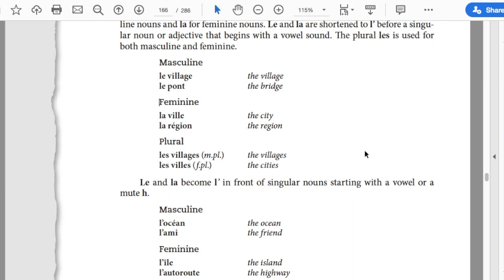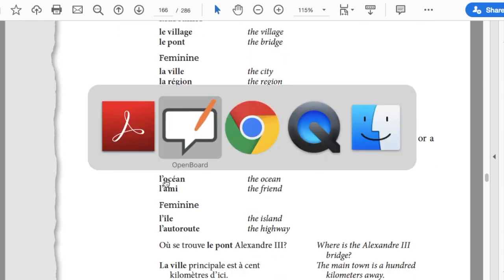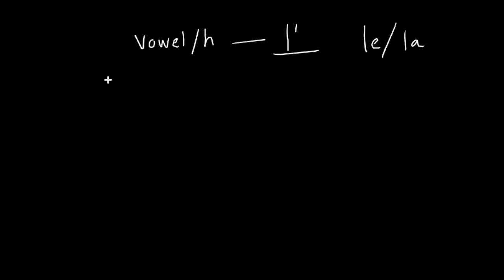One thing that you will have to get used to very quickly is the apostrophe. That is when the word begins with a vowel or H, you have to use L apostrophe in case of the articles le and la. For example, hospital, right? We learned that, which means hospital. Now, to put the article, this is a masculine word. You can't say le hospital, because that doesn't sound very good.